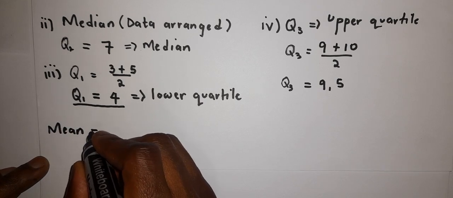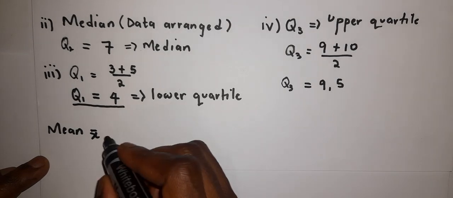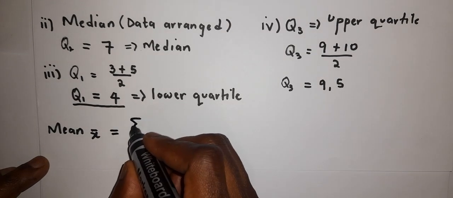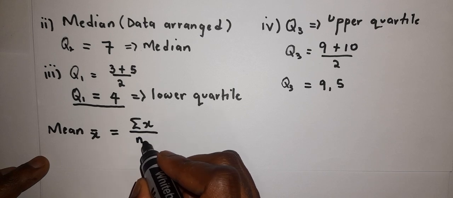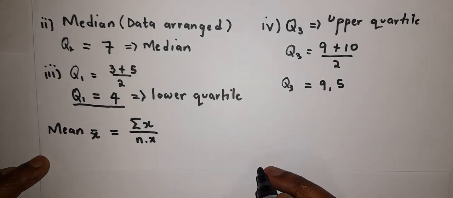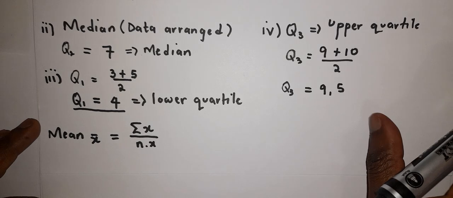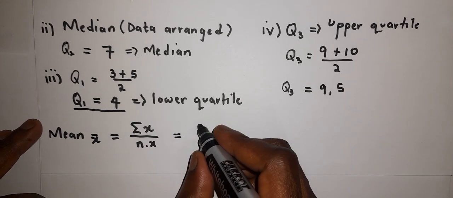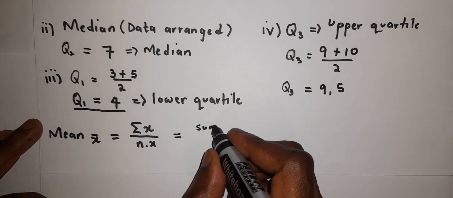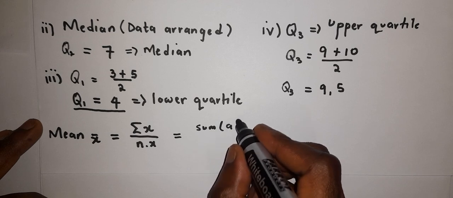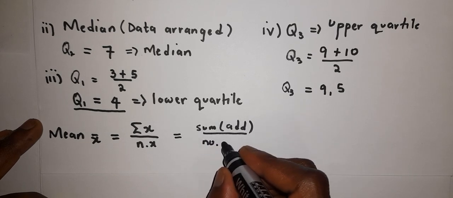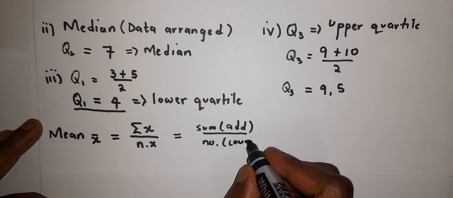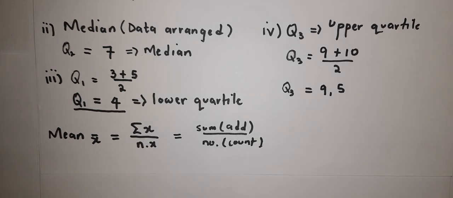Suppose now a question, which I did say, wanted us to calculate the mean. For the mean, we normally use x bar. The mean is simply the sum of the data divided by the number of the data. So the sum of the data means you add, and then divide by the number of the data, which means you count the data points that you are adding.